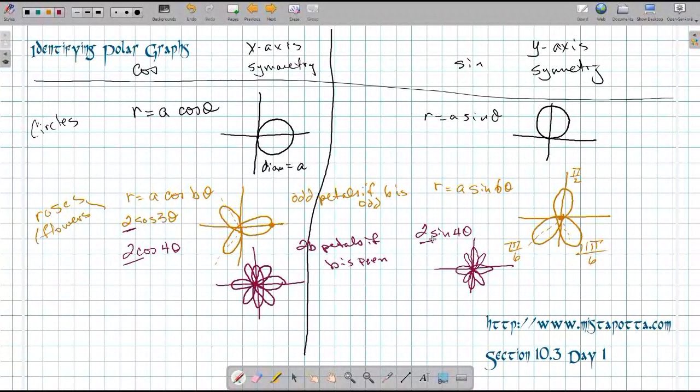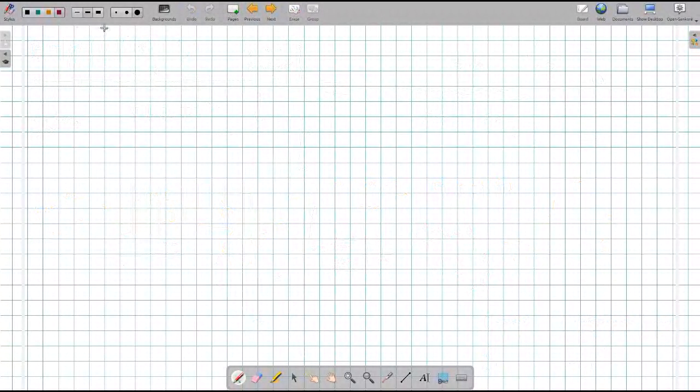And there's one other type of graph that we really need to be aware of, and that type of graph is our limaçons.